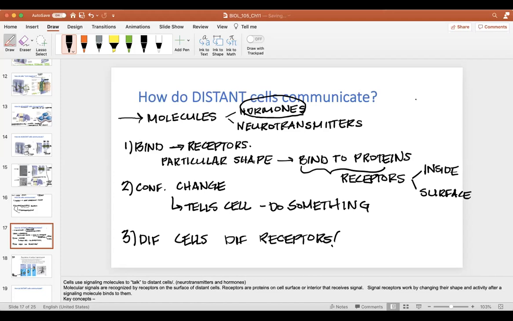If you release estrogen into your body because you're a female and you are producing estrogen, not every cell in your body has an estrogen receptor. Only certain cells have estrogen receptors, okay? So different cells have different receptors, and oftentimes that's what dictates how the cells function, okay? Let's look at some specific examples, okay?